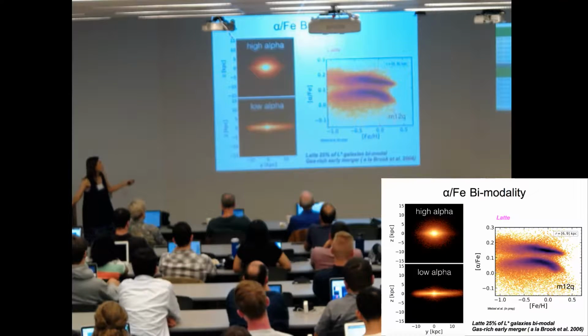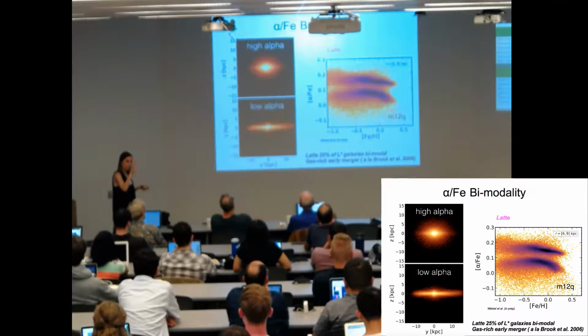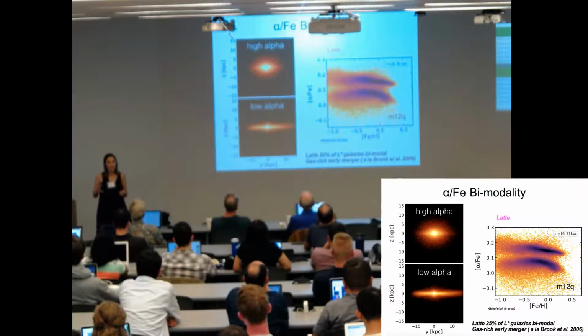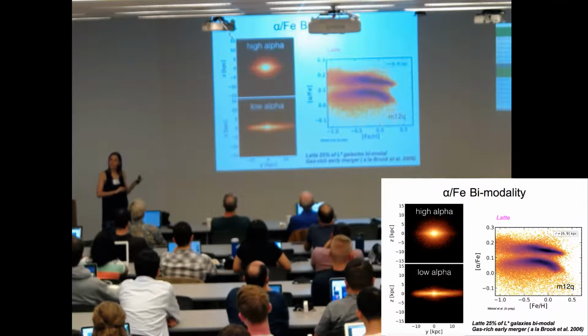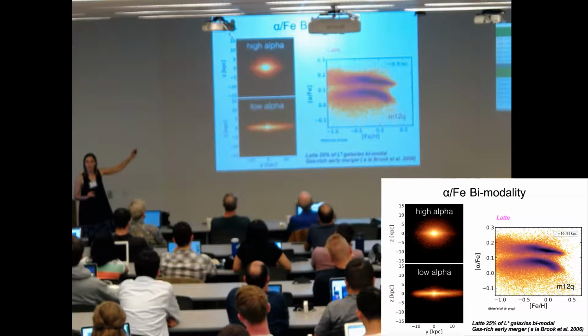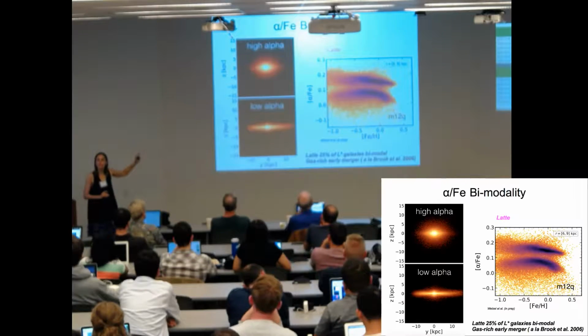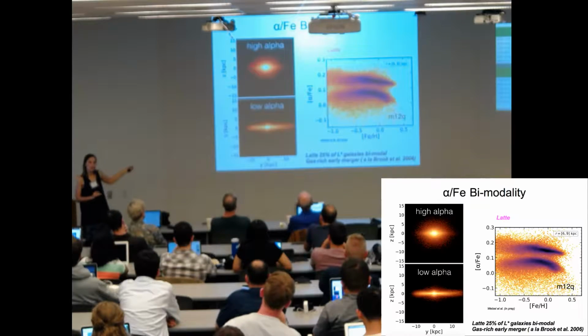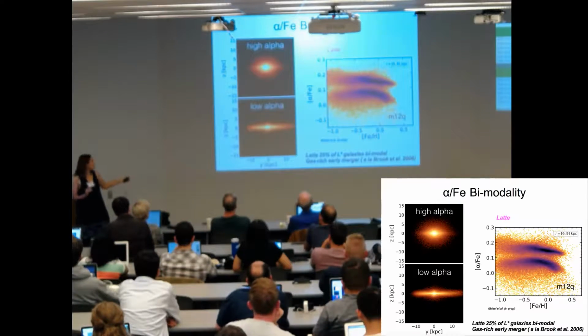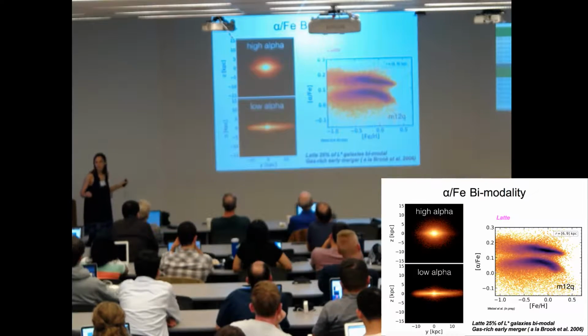Okay? And so I should note that lots of groups have tried to get chemical bimodality right in the past. Auriga has hints of getting it right, finding multiple tracks, up to 3 tracks. However, I would make the argument that Latte is hands down the most elegant and best matching to the Milky Way that I've seen. On the left, you can see the distribution of stars for the high alpha stars, and on the top and the bottom, you can see for the low alpha stars. Very different physical distribution.